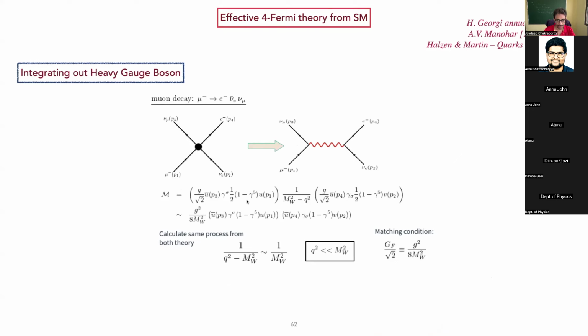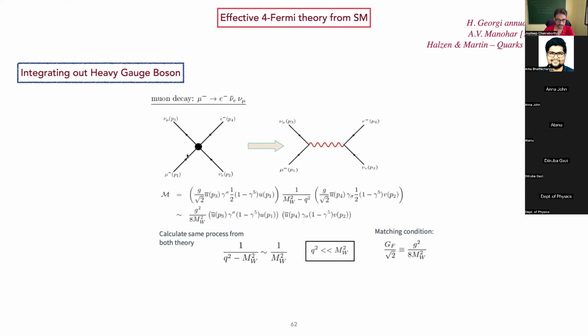So this is the one current, and then another current, and this is the propagator. And if you use this, supplying this gamma and all those things, what you eventually write down is basically psi bar gamma mu psi and then psi bar gamma mu psi. And this is nothing but my four Fermi operator, written in the SMEFT as psi bar gamma mu psi, psi bar gamma mu psi.